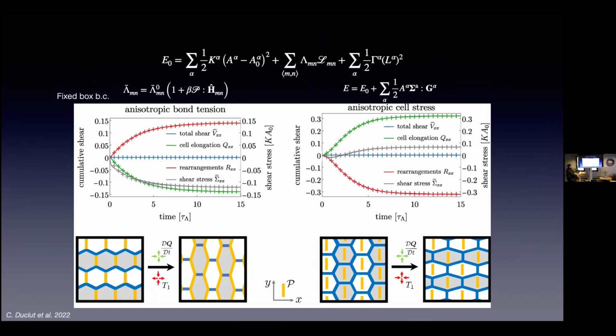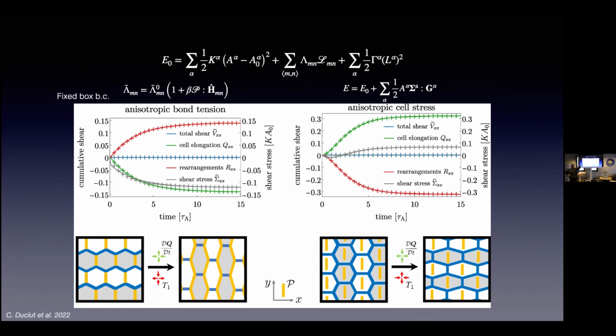In this work, we thought about two different ways we could couple the elements of the vertex model to something anisotropic to drive directed versions of these exchanges. On the left here we have anisotropic bond tensions.